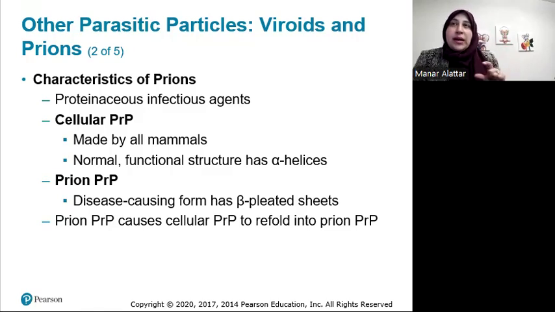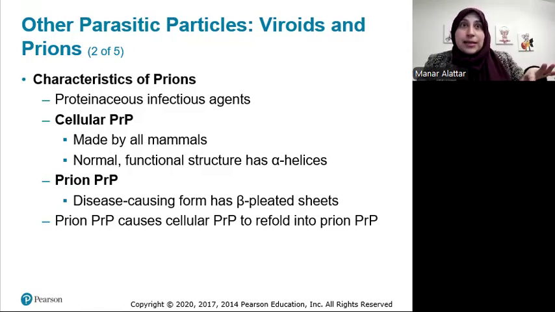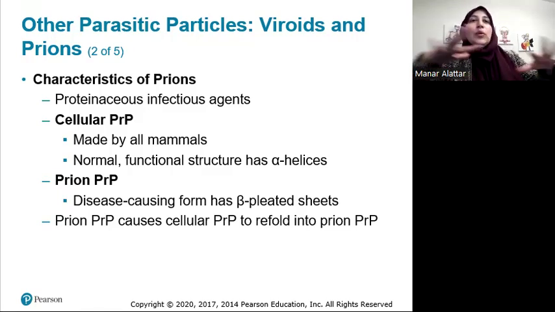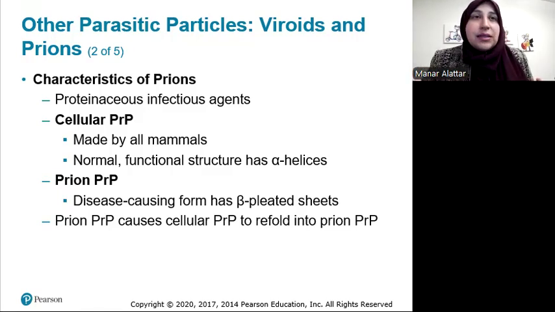A prion is a protein, just like a protein that our body makes, that's misfolded. And that misfolded protein actually creates a domino effect that leads to the misfolding of other adjacent proteins.